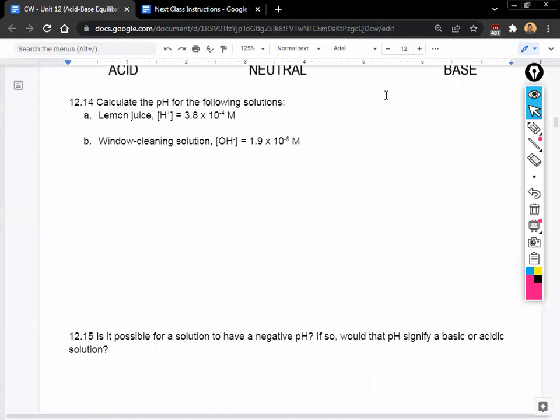Okay. All right. So let us move on. So I have this problem right here for you guys. I'll do part A with you guys, and I'll have you guys do part B. Part A is super easy. It's just asking us to calculate the pH. So we know the equation is pH is the negative log of the concentration of H plus.